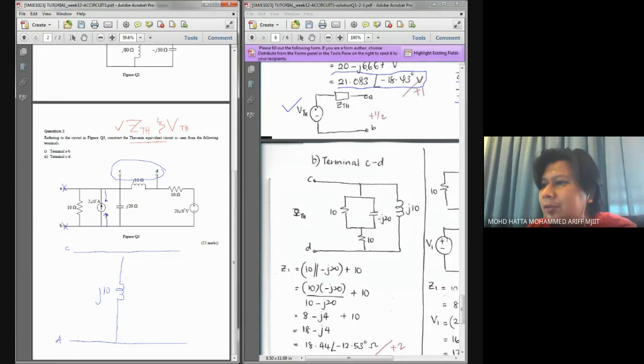Because we try to find the ZTH. So this is an open circuit, meaning that I have two branches connected in parallel over here. First one, maybe I have a resistor over there, and this one is my capacitor.